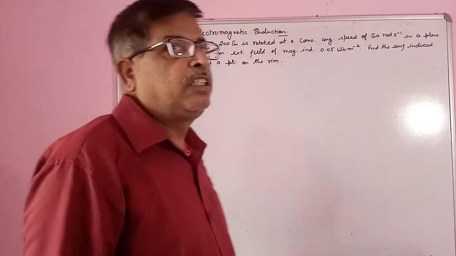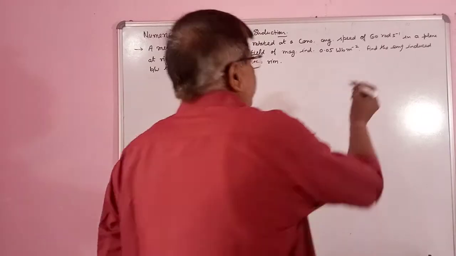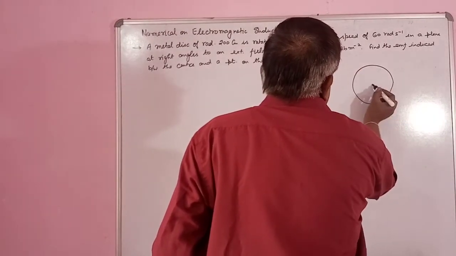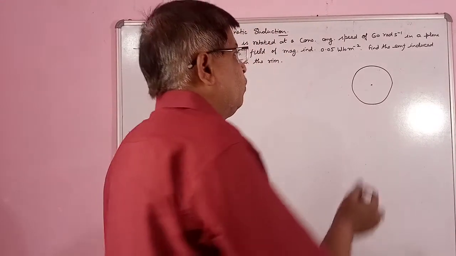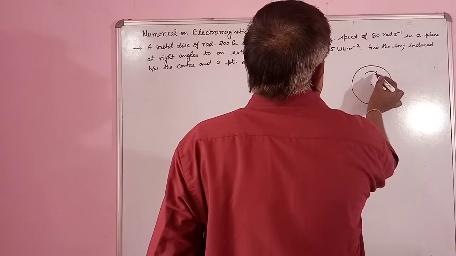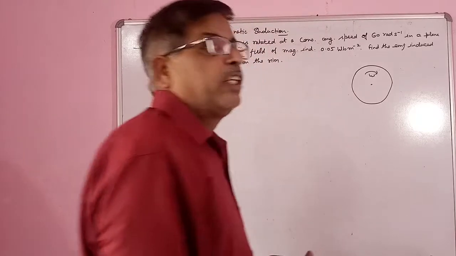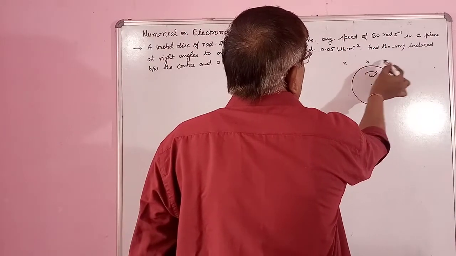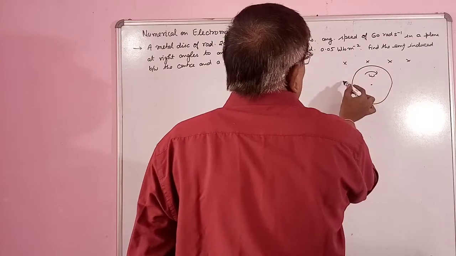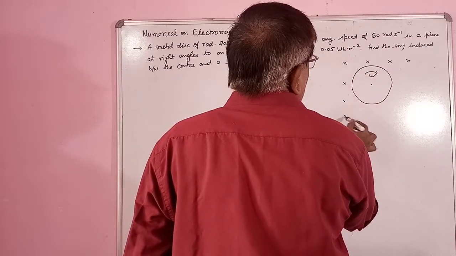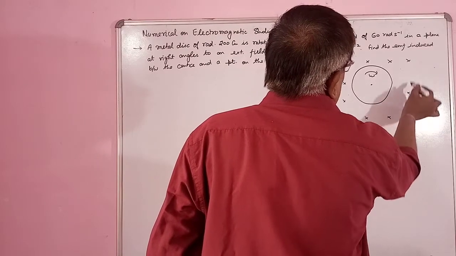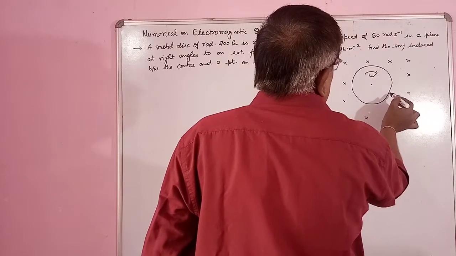Means in the question it is given that there is a disc which is rotating with constant angular speed omega in a uniform magnetic field.